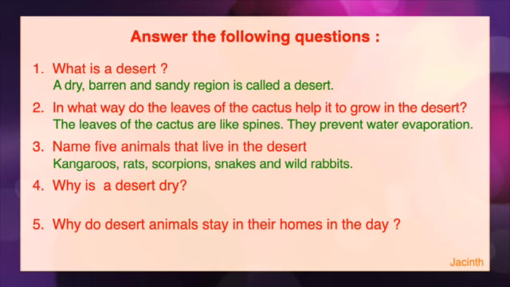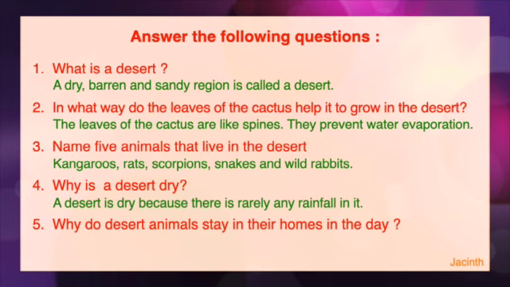4. Why is a desert dry? There is rarely any rainfall in deserts, which makes them dry. Here, many of you have written because there is rarely any rainfall. Directly, you have written because. Please keep in mind you cannot start any answer with the word because in English grammar.